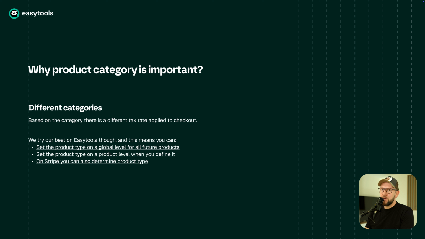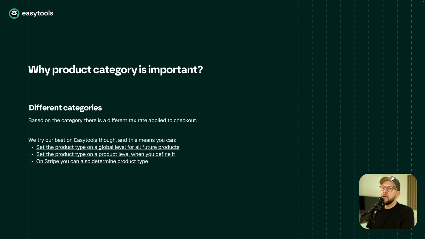It's also important that you set the right product category, and you can either do it on Stripe or on Easytools. I'm going to show you how to do it, or within your software of choice. However, this is pretty important because based on the category of the digital product that you are selling, there will be a different tax rate applied to the checkout. Different countries treat those products differently, and for example, in one country, an ebook can be treated with a reduced tax rate, and in the other one, it will be just the standard rate.